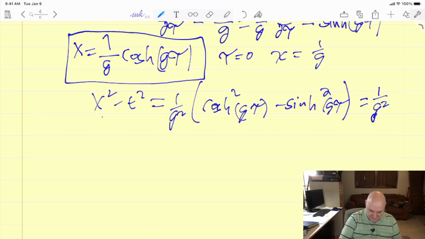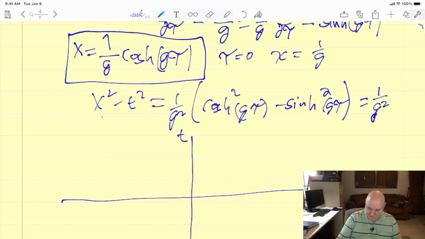And if we were to graph this hyperbola in xt, we'd find that when x and t become large, the 1 over g squared is insignificant, so basically x is equal to plus or minus t. So these are the asymptotes.